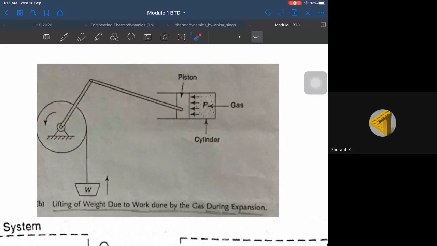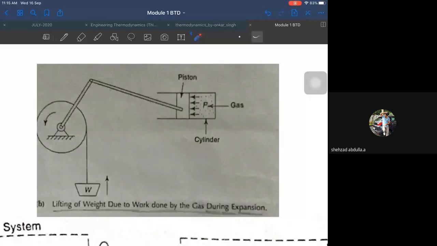Next, Hazard. Work is said to be done by a system on its surrounding if the sole effect external to the system could be the raising of weight. Sagar Sacharya.